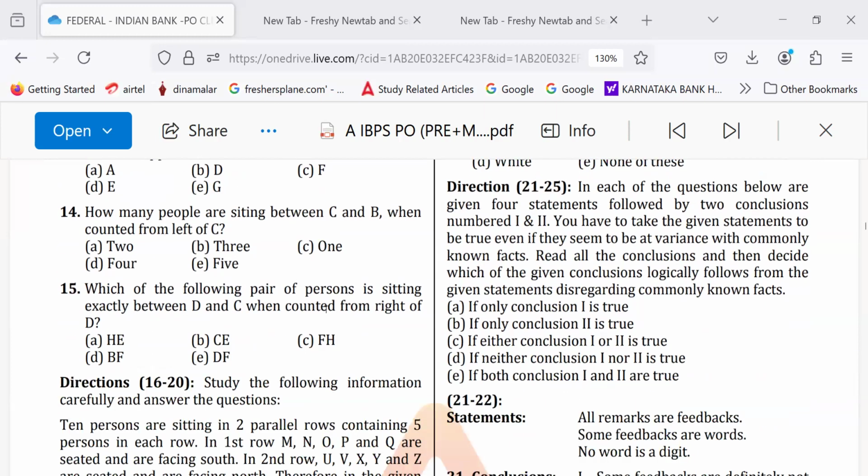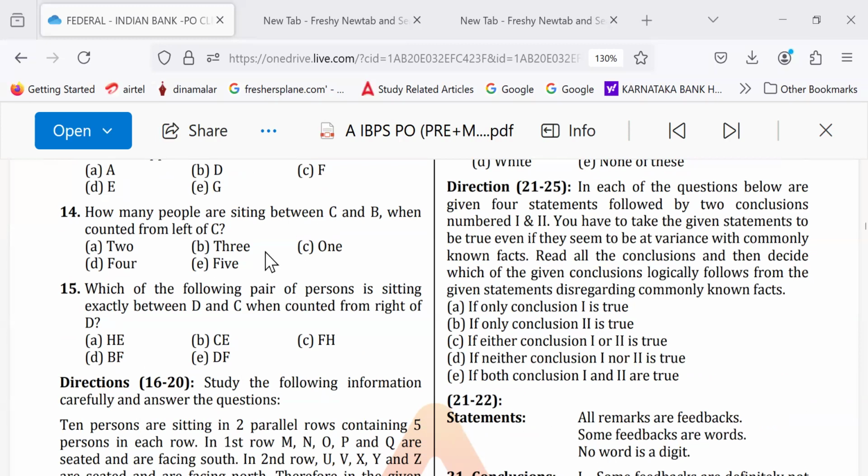How many people are sitting between C and B when counted from left of C? Left means C is facing outside. Left means only one.